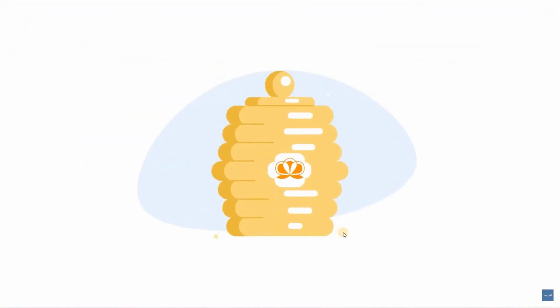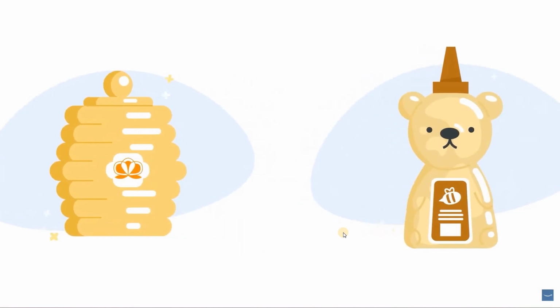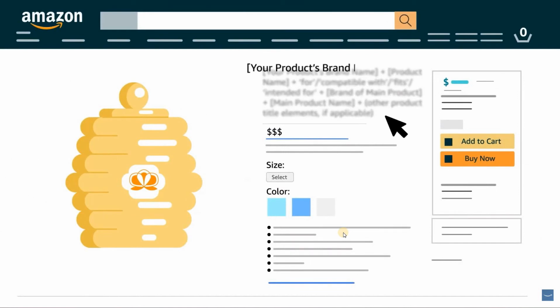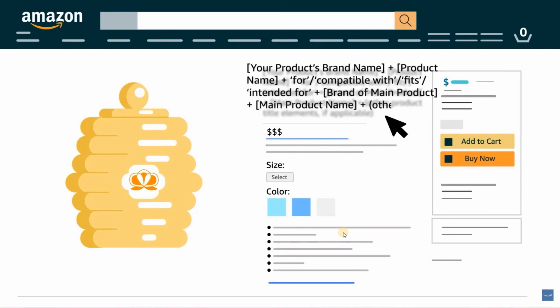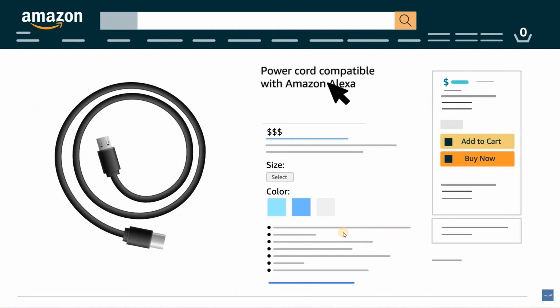If you want to indicate the compatibility of your product with a product of a different brand, in the product title use the following title format for branded compatible products: your product's brand name plus product name plus for, compatible with, fits, or intended for, plus brand of main product plus main product name plus other product title elements if applicable. For example, brand name power cord compatible with Amazon Alexa.